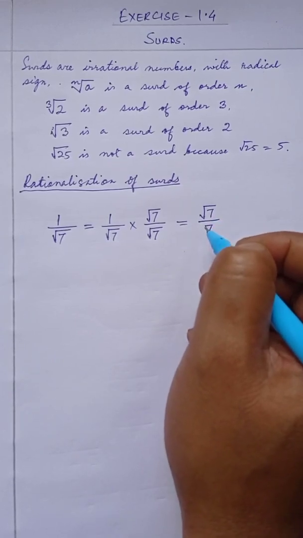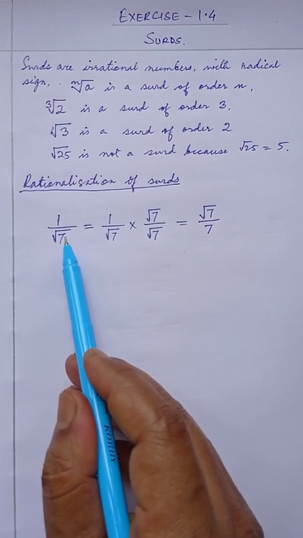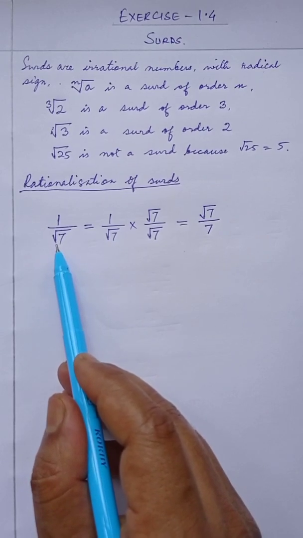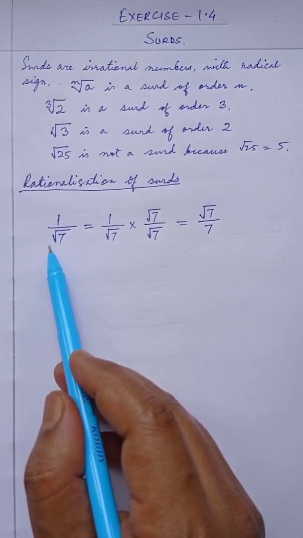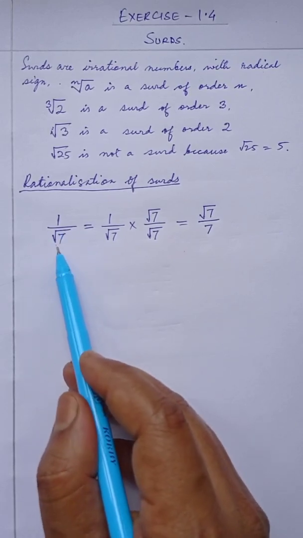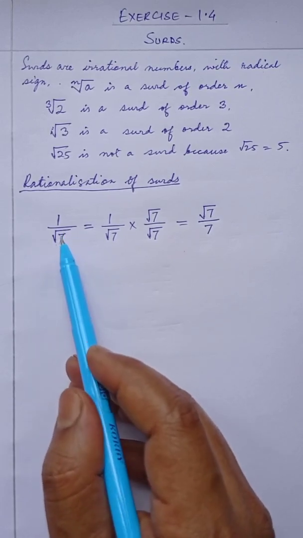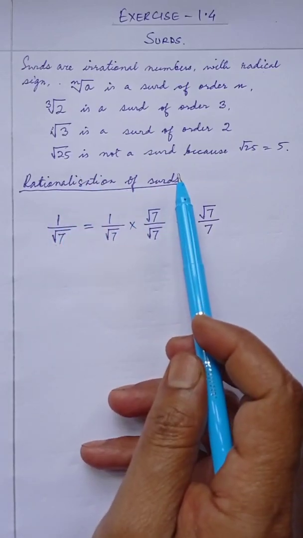So what have we done here? We have removed the root from the denominator and we got 7 here. Removing the surd from the denominator is called rationalization of surds.